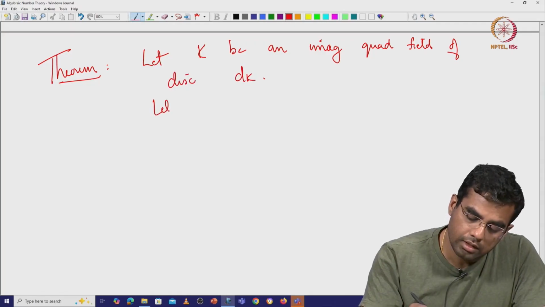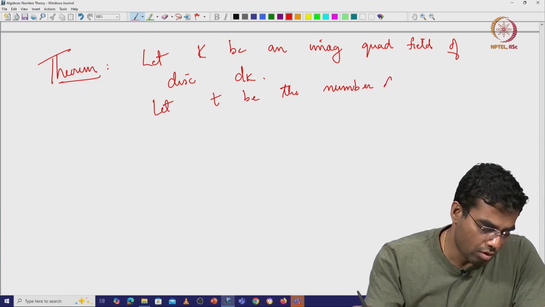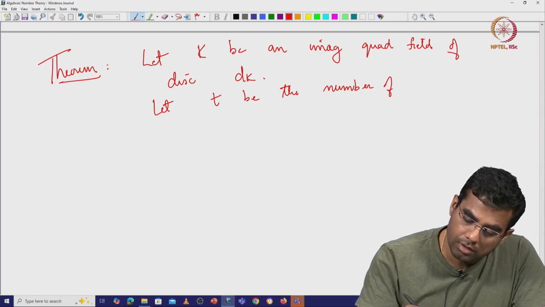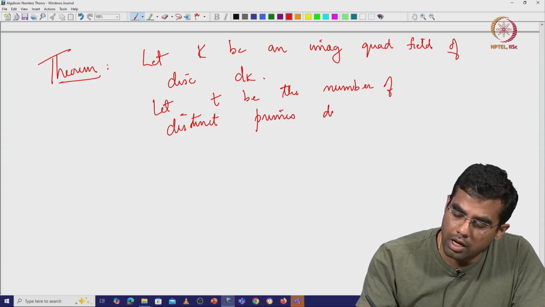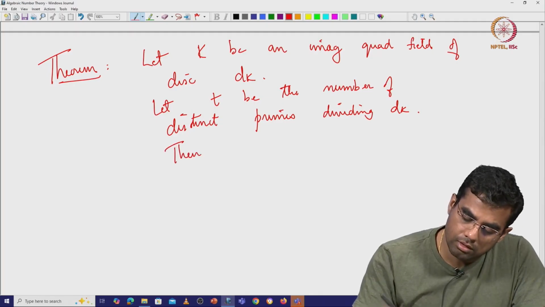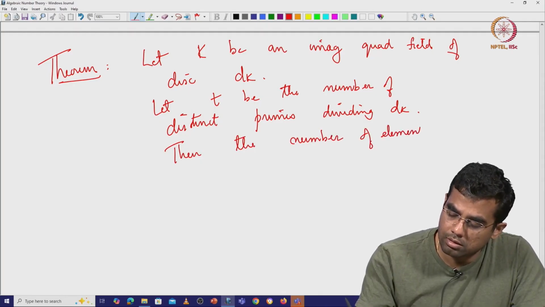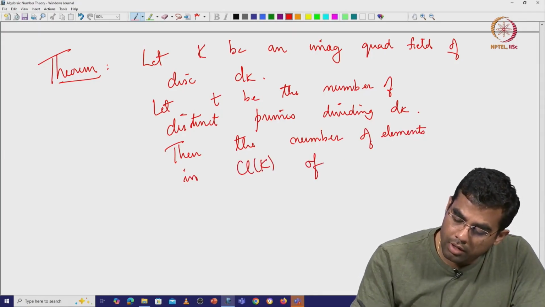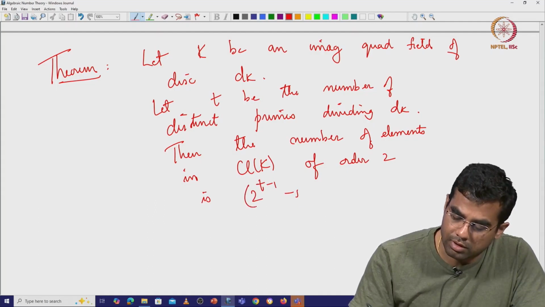Let t be the number of distinct primes dividing dK, then the number of elements in CL(K) of order 2, so exact order 2, is 2 to the t minus 1 minus 1.